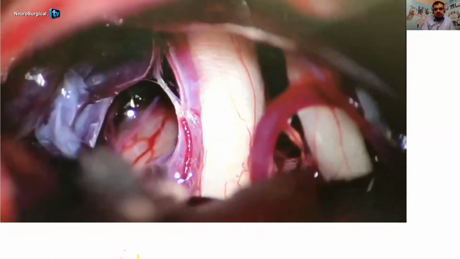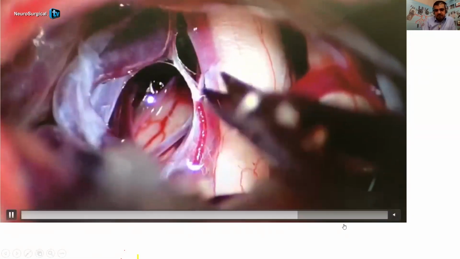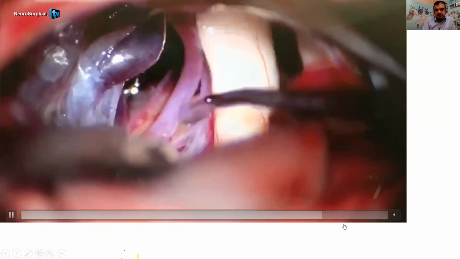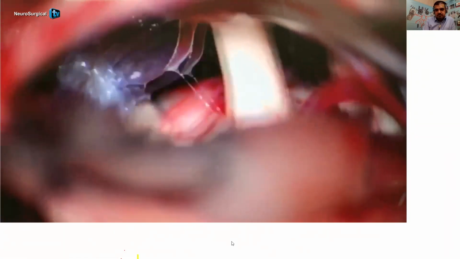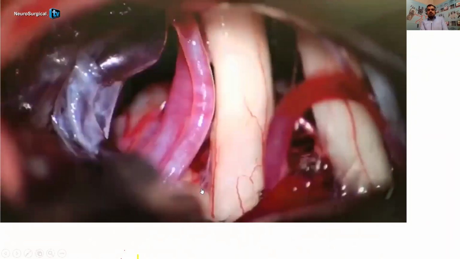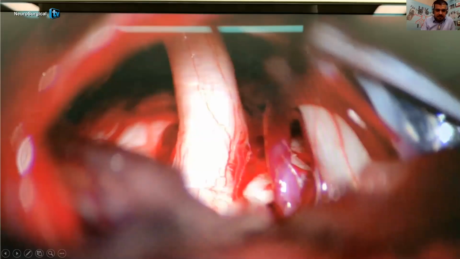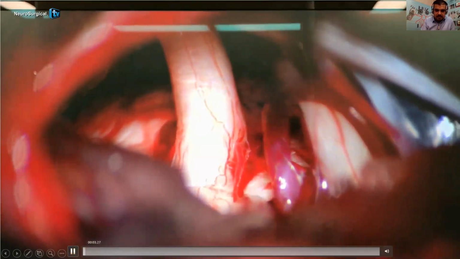Some dissection, you need to sacrifice some small branches. And now you can see, yes, this is the compressing vessel, easily dissected from the trigeminal. And another step, this is at the end of surgery.